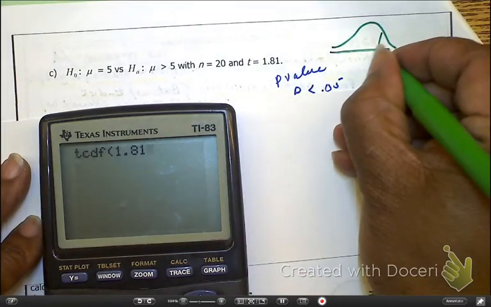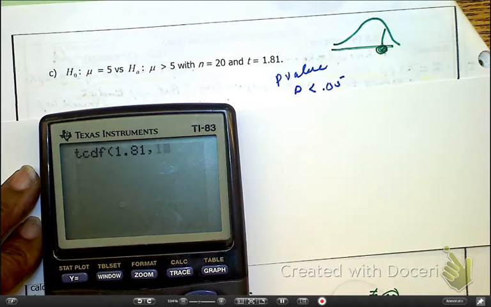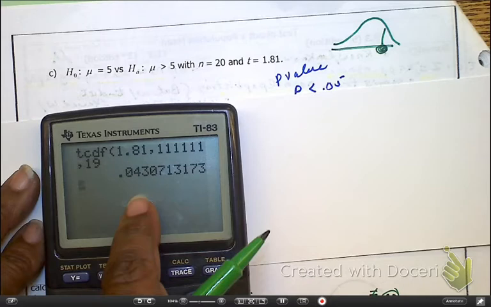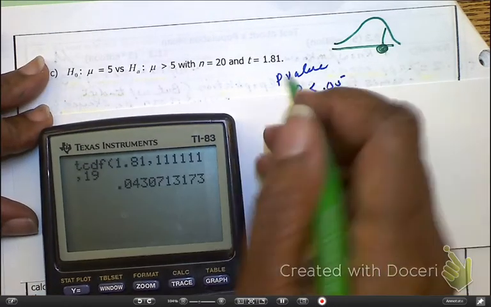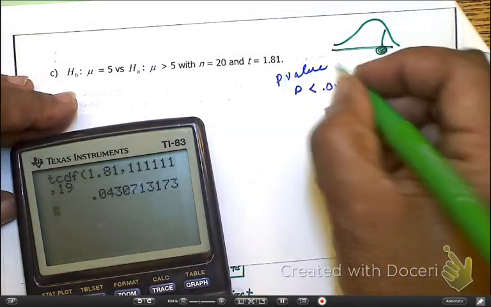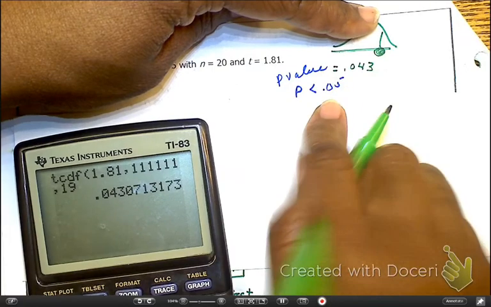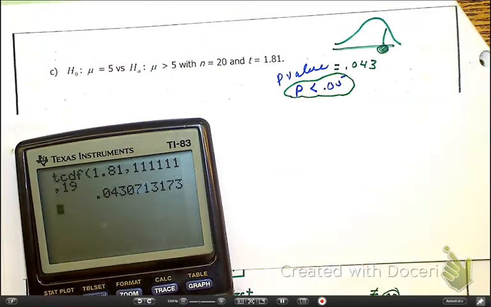What goes here is always my test statistic, then a comma, some extreme value, a comma, and then my degrees of freedom. You can see here that it gives me a p-value of 0.043. And what did we do when we found it on the chart? We just knew that it was less than 0.05.